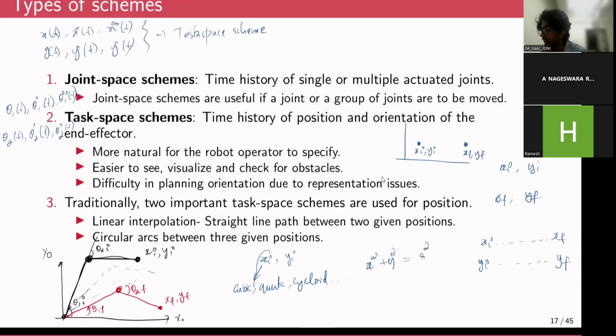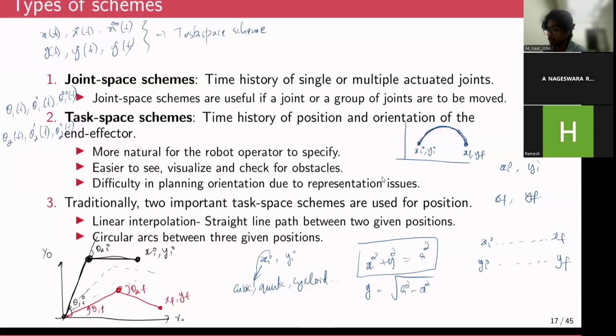You essentially plan the trajectory of the robot only in x coordinates, maybe as per a quintic trajectory. Then you obtain the trajectory of y using this expression: x square plus y square is r square, and y would be the square root of r square minus x square, so that your robotic arm would move along a curve whose radius would be dependent upon this value r.